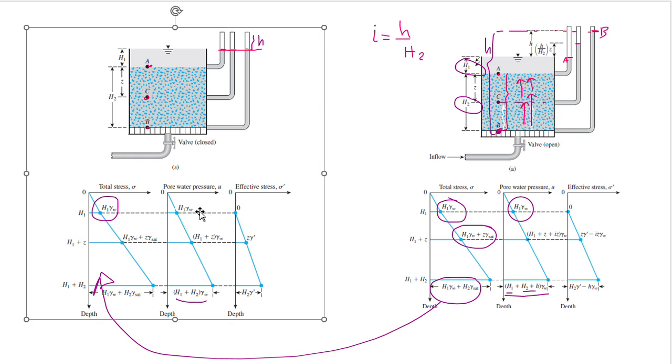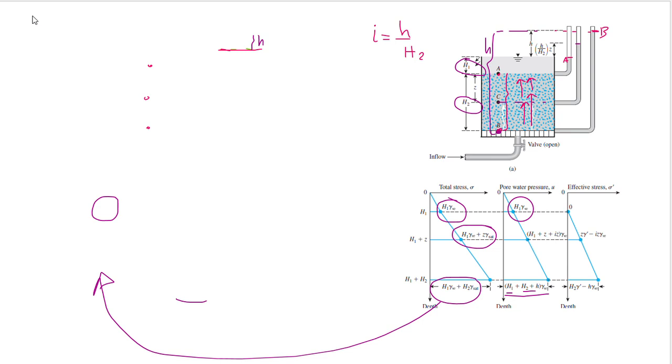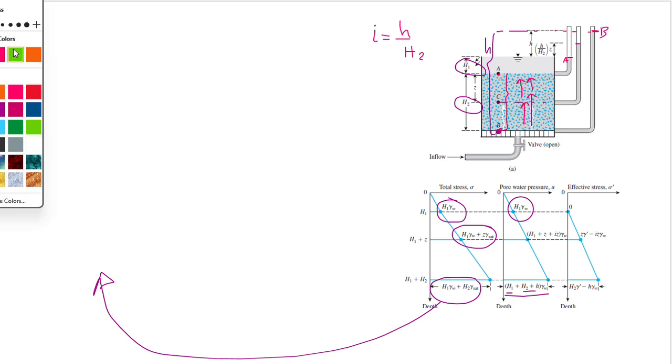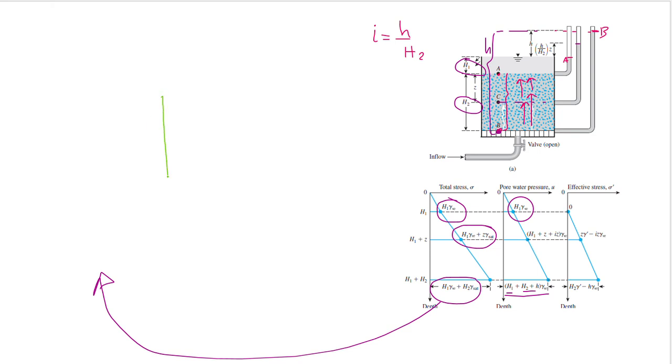So if I remove those things, then it is linearly changing between these points. If I just write the pore pressure U, the pore pressure is linearly changing.